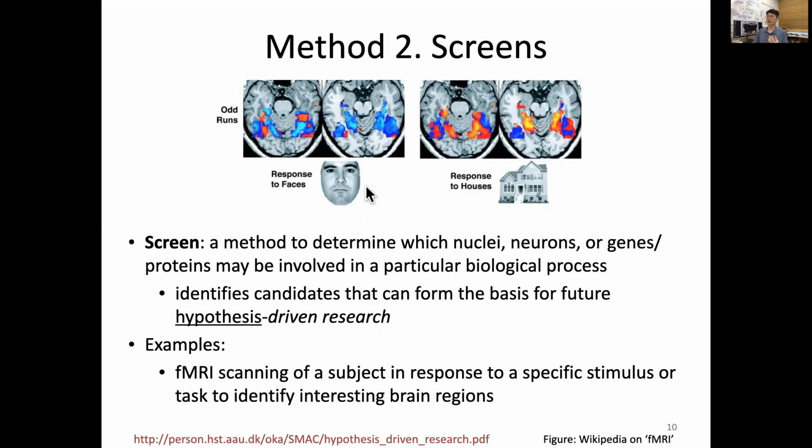So we show the subject different kinds of faces, and we perform fMRI, showing which regions are lighting up or down. In response to houses, again similarly, we do this, and maybe these areas are related to these external stimuli, in this case, face recognition or recognizing houses.